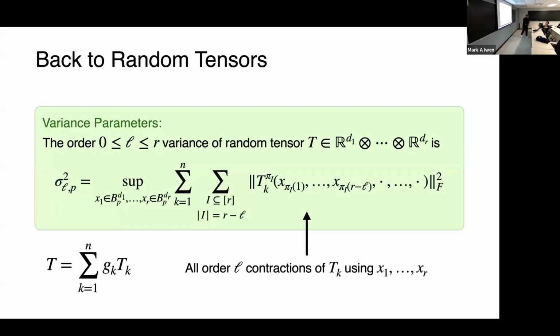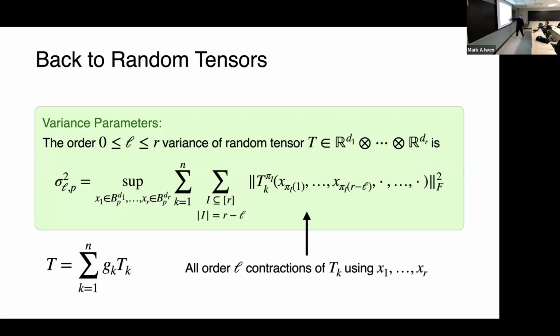So you can write a sum of GK, and then another sum of GK, but these two things have the same distribution. Does it depend on the specific choice of TK or just on the distribution of T? Actually, it's a good question. I guess there must be some equivalence of the TKs if they're going to have the same distribution. Right, and so I'm not sure off the top of my head if these parameters would be invariant. But maybe we'll chat about it offline.